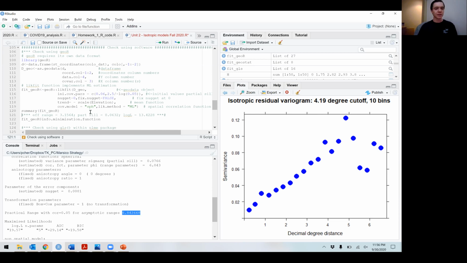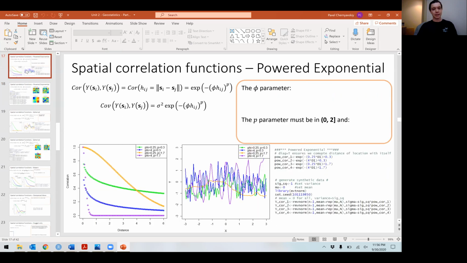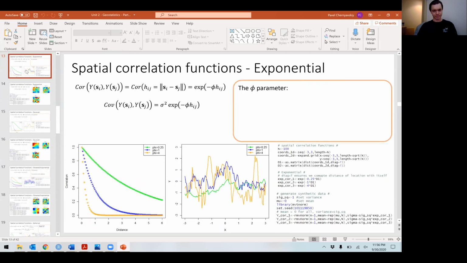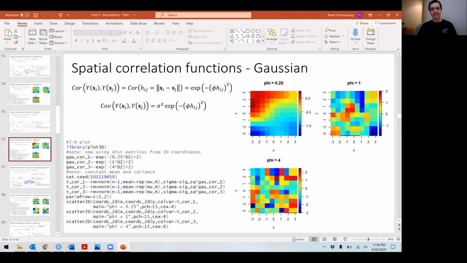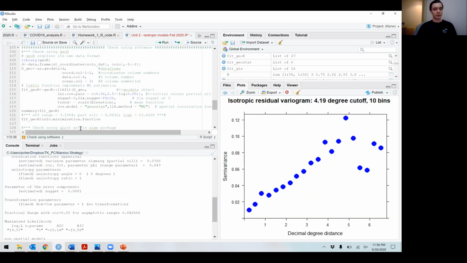All right, so spherical. What if I just go ahead and try Gaussian? We know that Gaussian is a possibility. It is up here, exponential, Gaussian. We know that we should be careful though, if you remember, I said the Gaussian tends to produce very, very smooth processes. So let's see what that looks like.